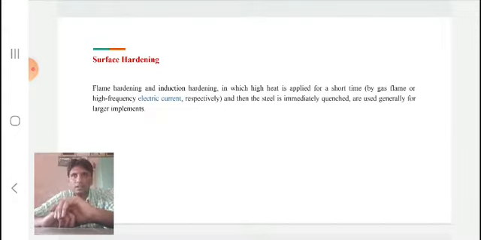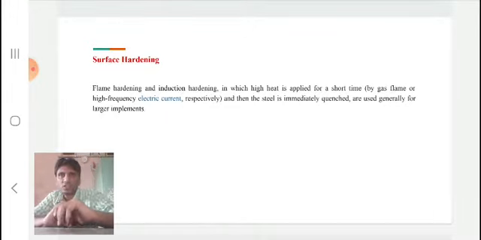Flame hardening and induction hardening, in which high heat is applied for a short time by gas flame or high frequency electric current, and then the steel is immediately quenched, are used generally for larger implements.